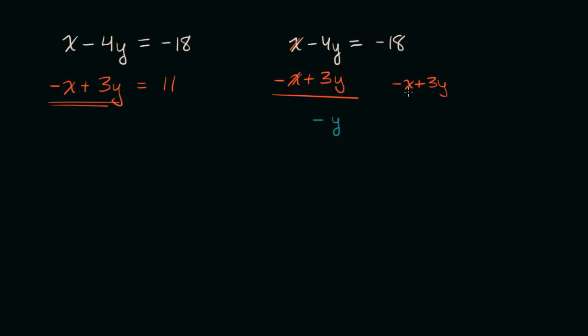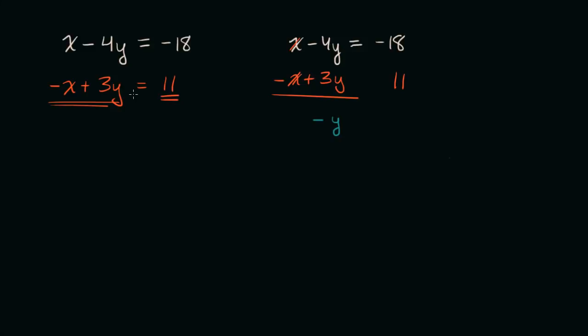But what if we could add something that's equivalent to negative x plus 3y that does not introduce the x variable? Well, we know that the number 11 is equivalent to negative x plus 3y. How do we know that? Well, the second equation tells us that. So once again, all I'm doing is adding the same thing to both sides of that top equation. On the left, I'm expressing it as negative x plus 3y.